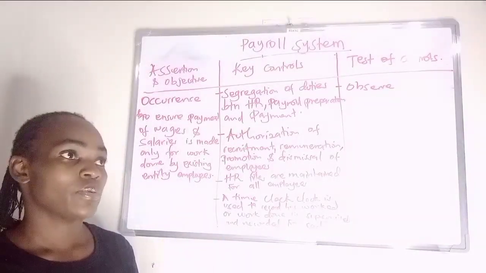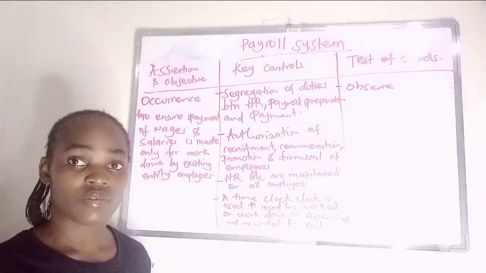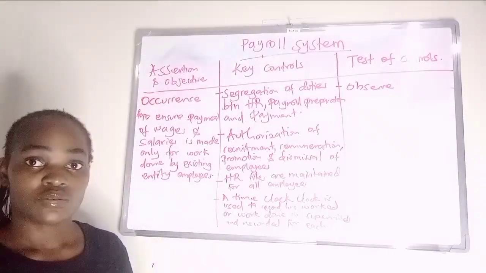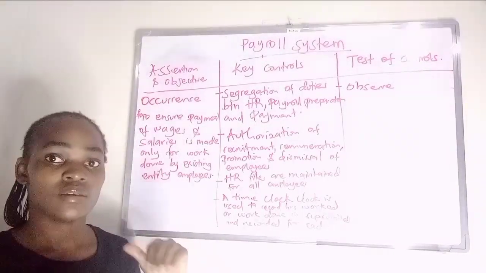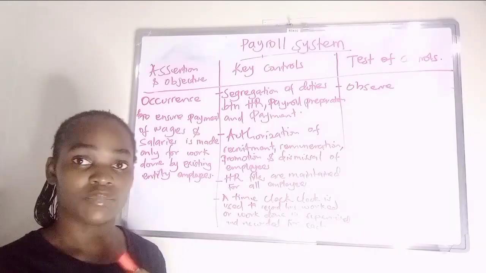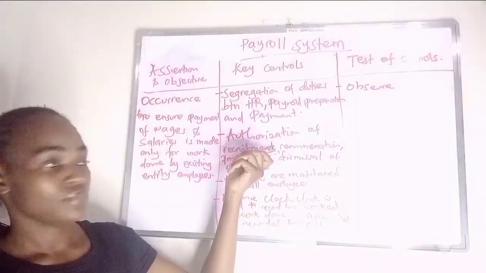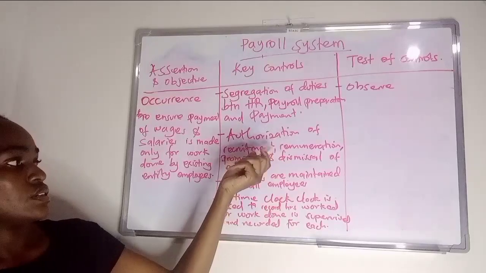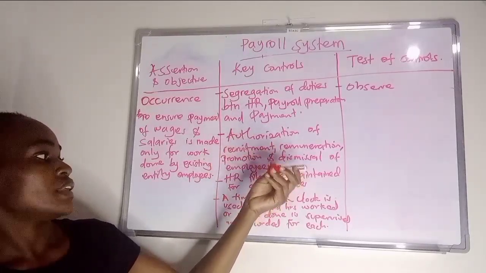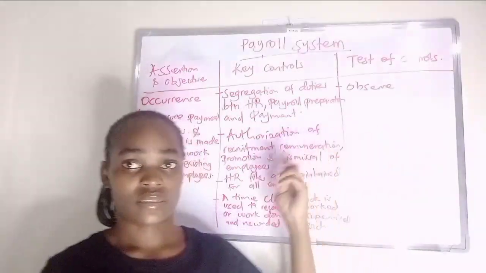So this will help to avoid that thing of ghost workers, because someone can leave the organization. If it's not authorized, then their name will still remain in the books as an existing employee. So the organization is supposed to make sure that there is authorization of recruitment, remuneration, promotion, and then dismissal of employees. So how can the auditor test this?